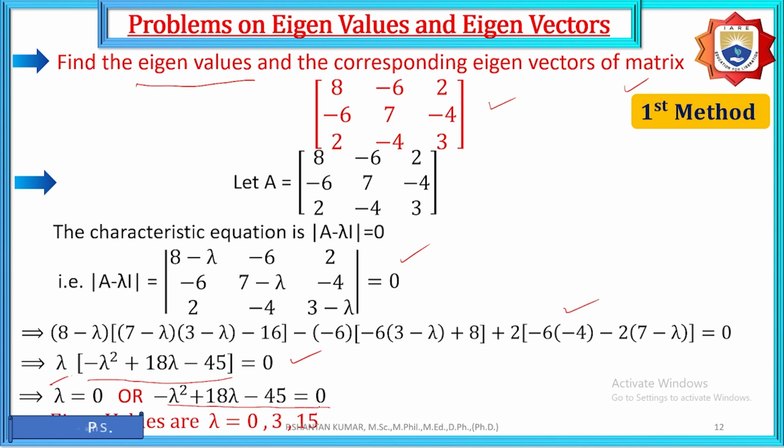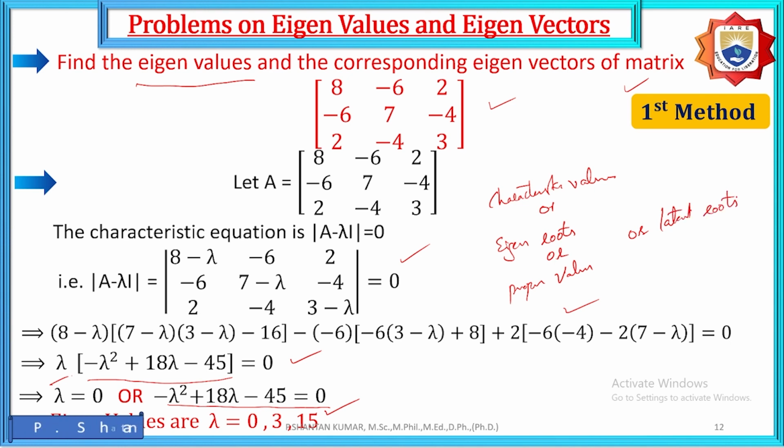These lambda values are called eigenvalues according to the definition. Sometimes these eigenvalues are also called characteristic values, eigen roots, proper values, and latent roots or latent values.